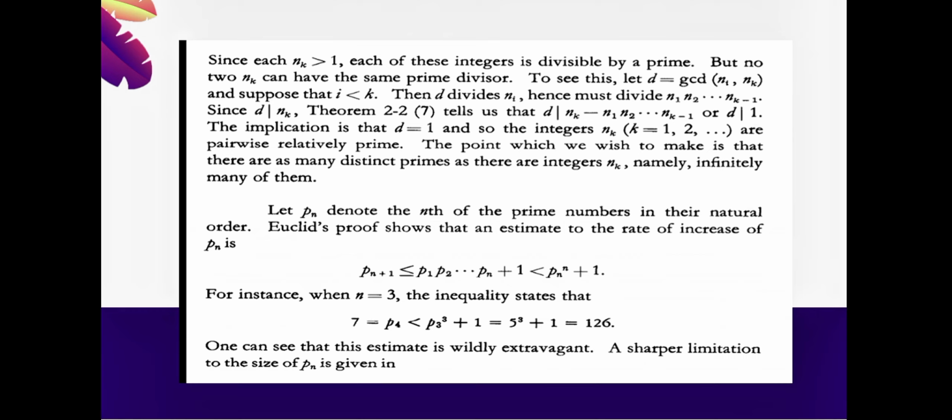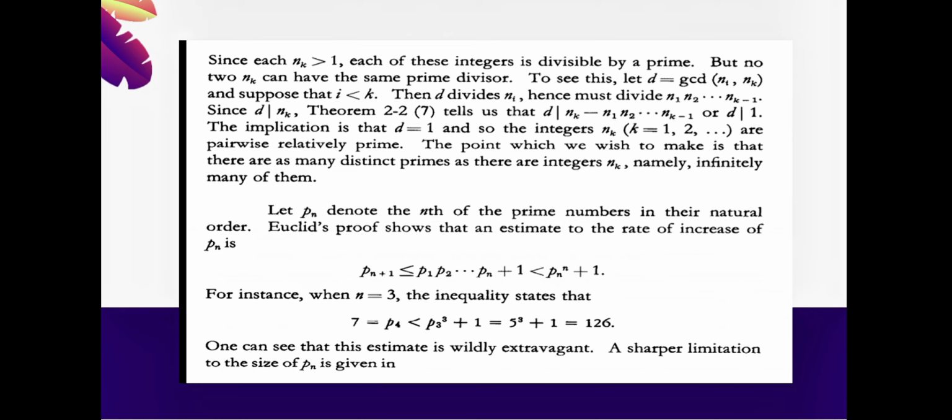Let p sub n denote the nth of the prime numbers in their natural order. Euclid's proof shows that an estimate to the rate of increase of p sub n is this formula, as you can see here.